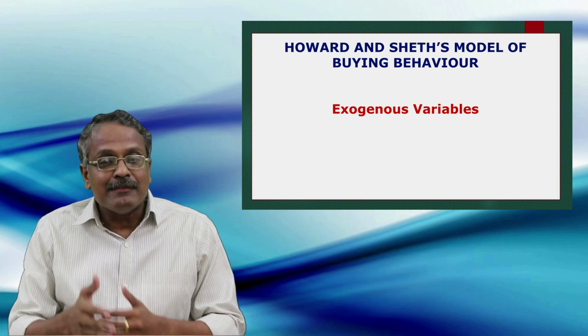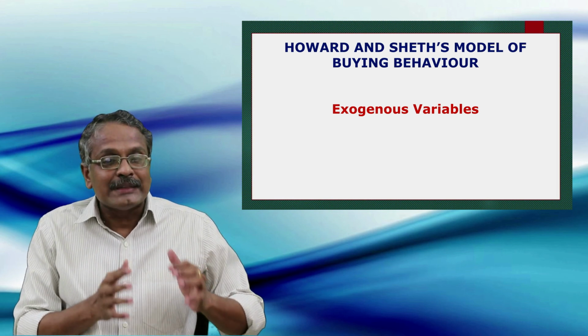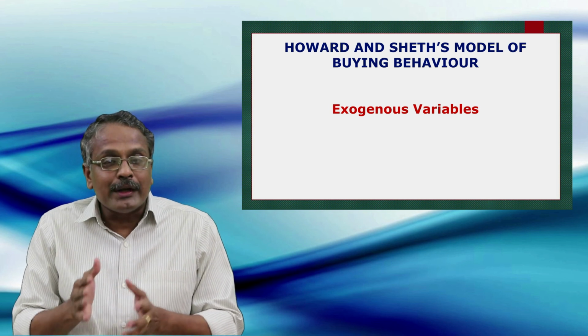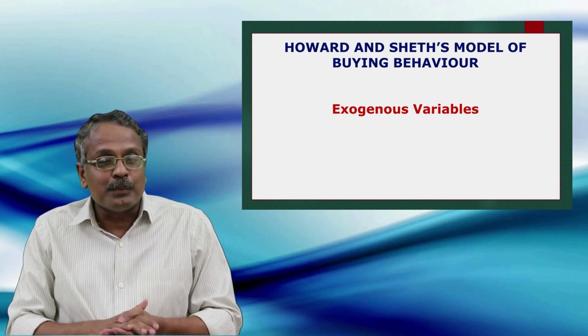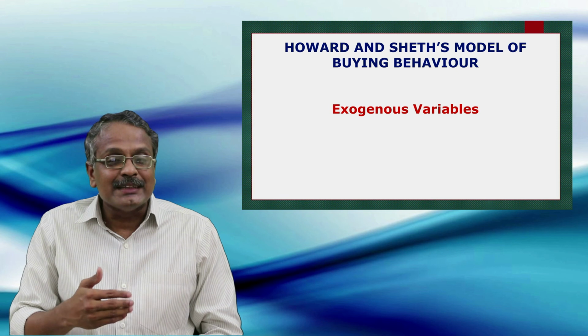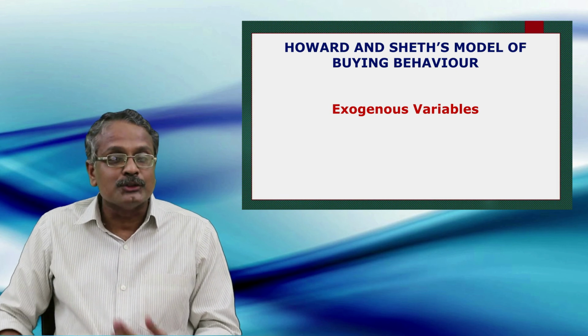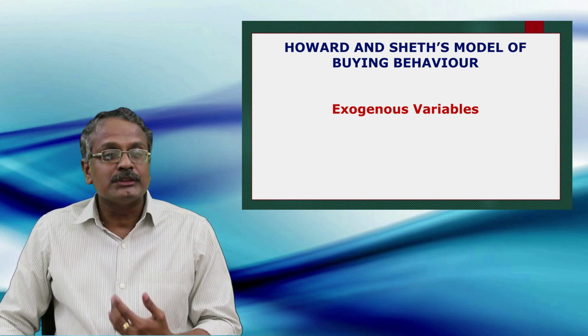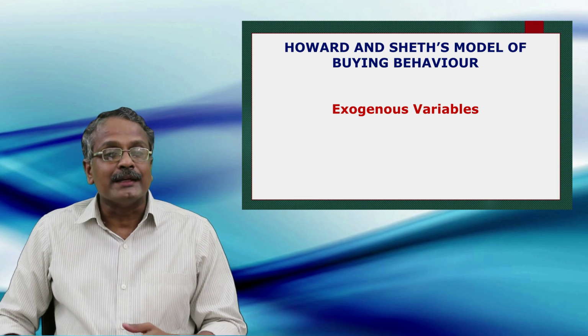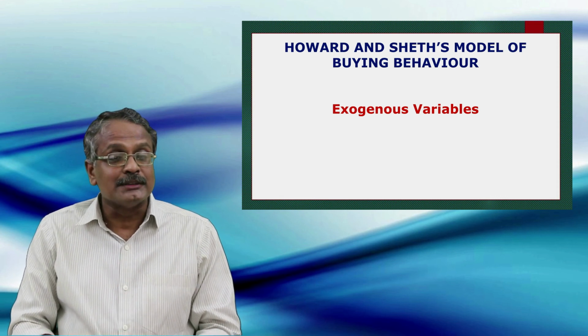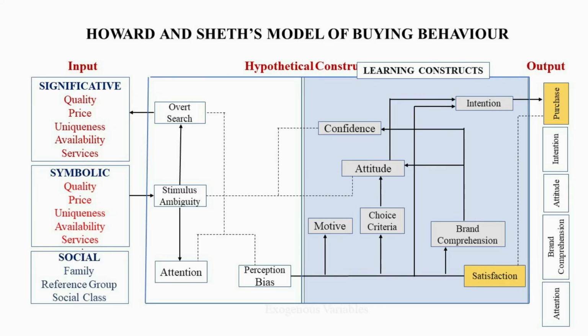Even though the external variables have not been presented in the model and are not a direct part of the decision making process, they have a significant impact on consumer decisions and are used in marketing activities as a criterion for segmentation.